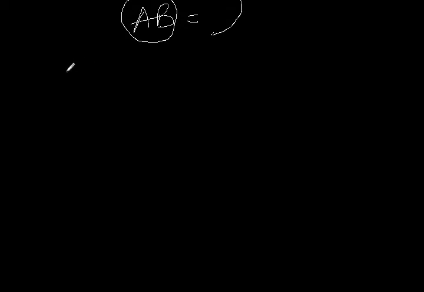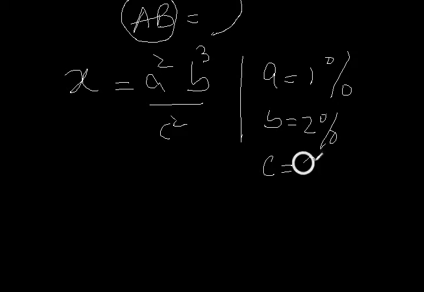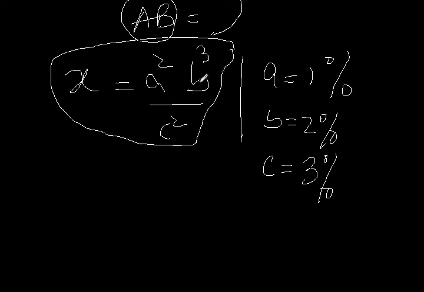Say I have a variable x which varies as a square, b cube and c square. And I am given that the error of measuring A is 1%, error of measuring B is 2%, and error of measuring C is 3%. Now in error analysis, mathematically we take log on both sides and differentiate. But this is an uphill task.